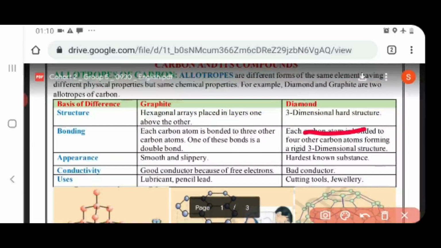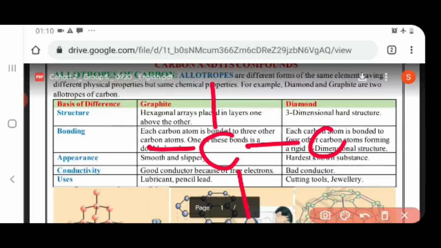This is for graphite. When we come to diamond, each carbon atom is bonded to 4 other carbon atoms, forming a rigid 3-dimensional structure. So that means 4 other carbon atoms, carbon is here. Now 1 bond, 2 bond, 3 bond and 4 bond. So on all these 4 bonds, another carbon atom is being attached. Can you see this? So this way bonding in the structure of diamond is just like this.